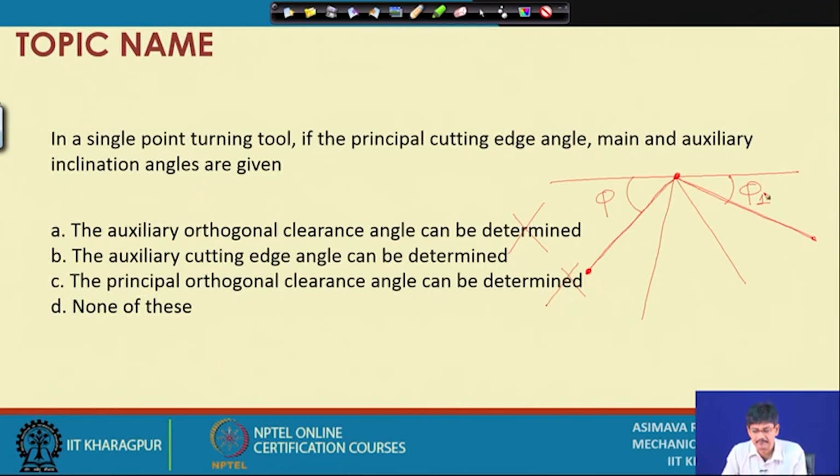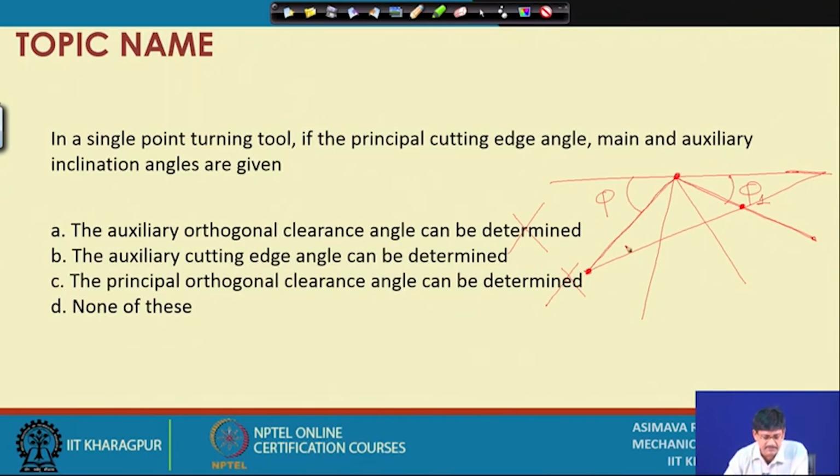In that case, we can orient and draw this particular line, and we can pinpoint a particular point in space, and we can say that yes, since I know the auxiliary inclination angle and I know the orientation of this phi 1, I can pinpoint the position of this point in space, saying that yes, this belongs to the rake surface, and therefore, I can draw this line, and I can say that this is the master line, and therefore, I know the rake surface completely.